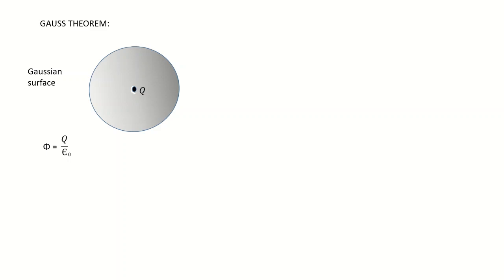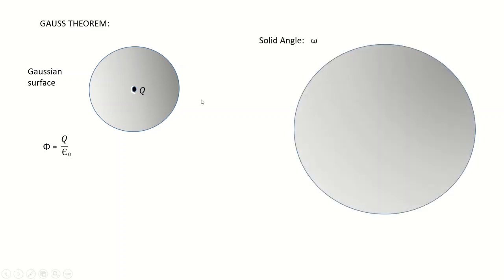But how can we measure this for any type of body, rather than only a uniform body, like a body with any shape? To obtain this, we have to study a special angle known as solid angle.